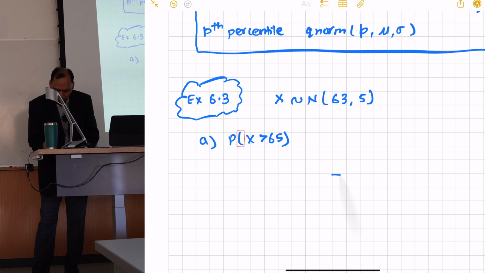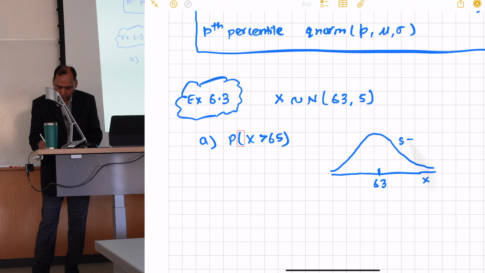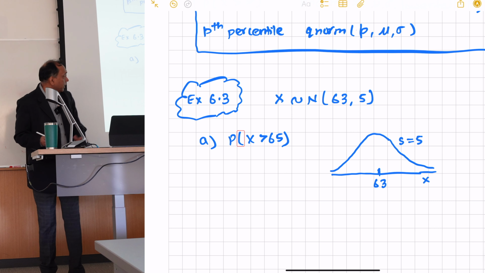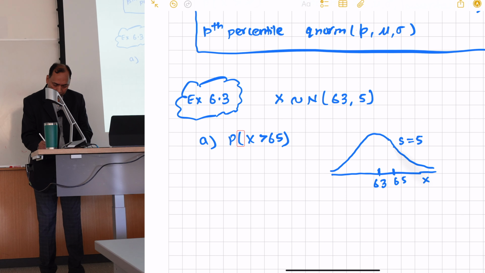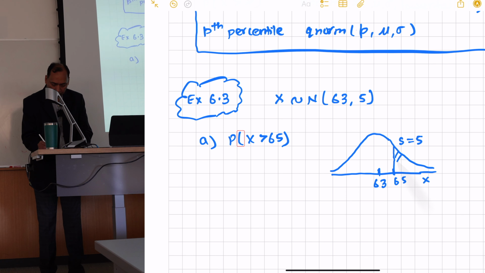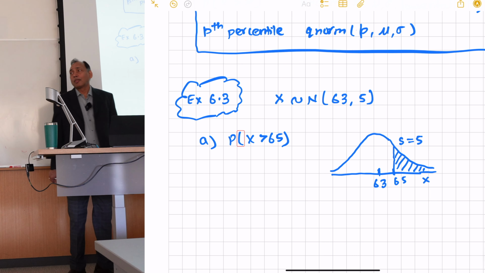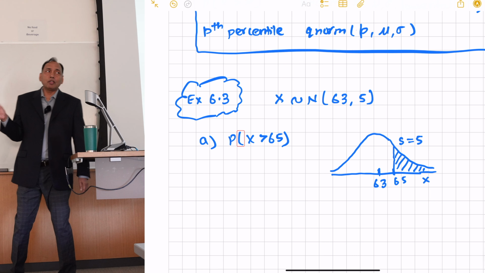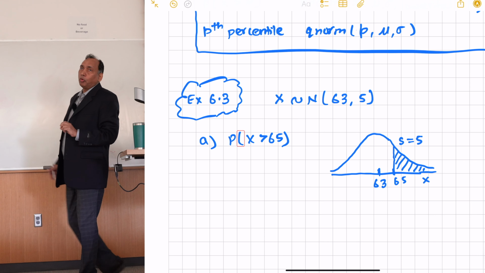If you make a picture, it looks like this. Mean 63, standard deviation equals 5. 65 is to the right of 63, so somewhere here, and more than that means we are interested in this area. So if I give you this situation and a quiz question, is this probability more than 0.5?